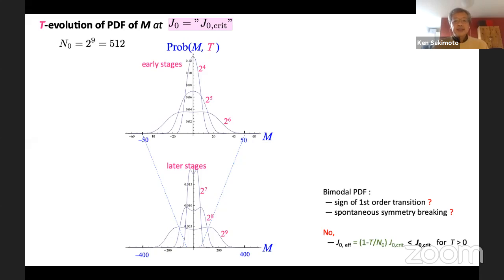But in fact, it must not be the case, because the effective coupling during this process among the spins not yet frozen is less than the critical value, or the temperature is hotter than the critical temperature. So we cannot expect any first order transition or two-phase domains.